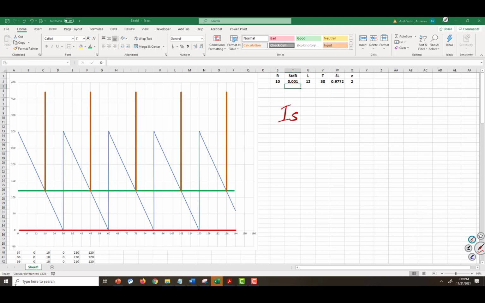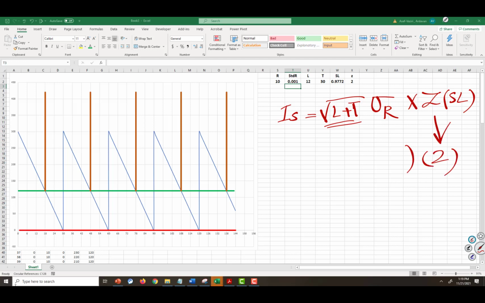I safety is equal to the square root of L plus T times the daily demand or weekly demand standard deviation, depending on what the unit is, multiplied by Z of service level. In this example, Z of service level was 2, sigma R was 5, and L plus T was 12 plus 30.